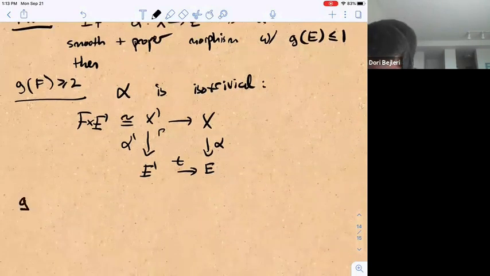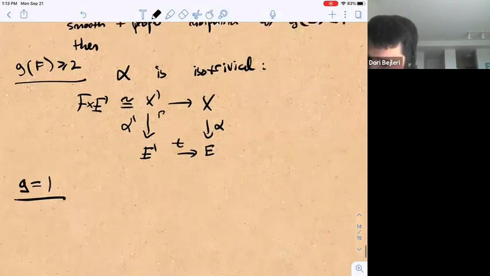In the genus 1 case, we have to relax this a little bit.